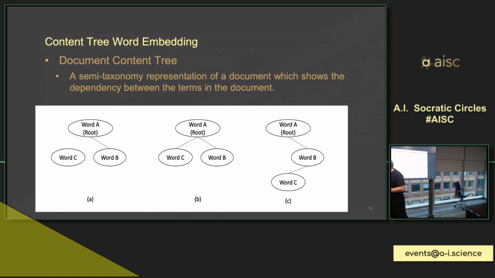And generating this taxonomy starts from here. Assume that we have the first word and the second word, and the first one is the root and the second one is the child of the root, and the word C, the third one, wants to join this tree.